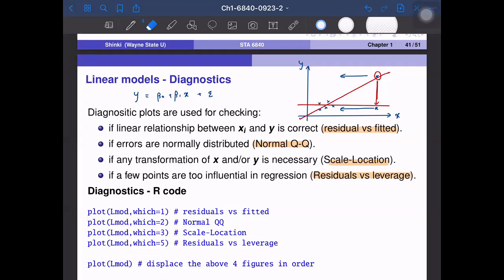If a few observations affect the regression line too much, that is not good because the estimation is not very robust. So think about this figure. We have 6 observations. Just ignore this one. If we have the 6 blue observations here, then the regression line has this slope.